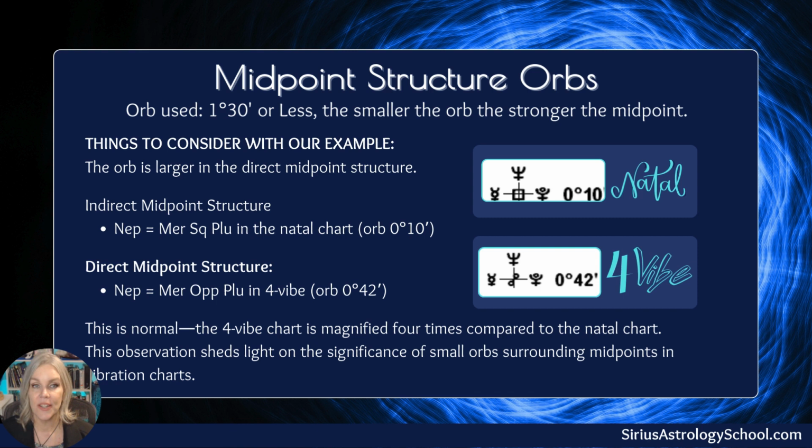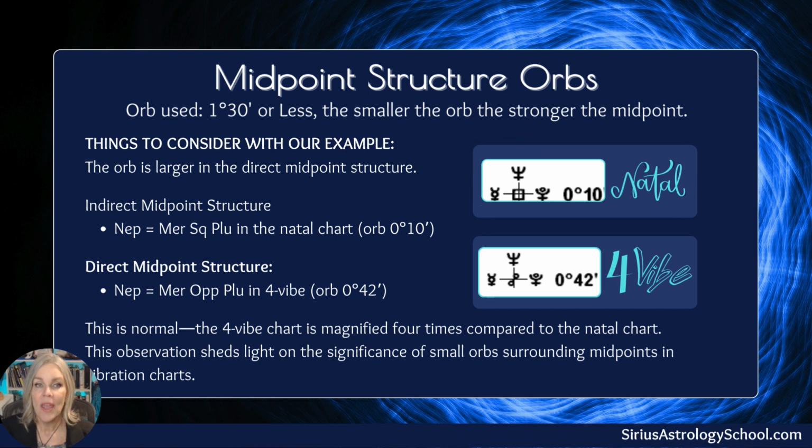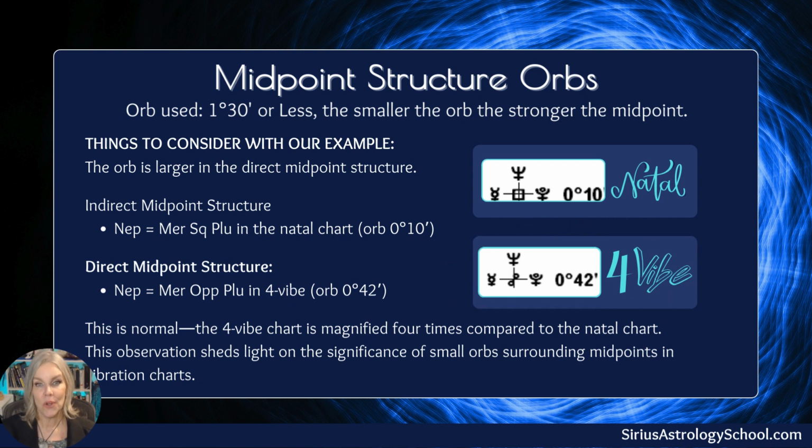So some of the things to consider with this example we used with Meryl Streep is that the orb is larger in the direct midpoint structure. As you can see over here, we put Neptune square the Mercury-Pluto indirect midpoint structure in the natal chart with a 10-minute orb. And then the direct midpoint structure is over here. This is the direct midpoint structure in the 4 vibration is Neptune opposition Mercury and Pluto with a 42-minute orb.